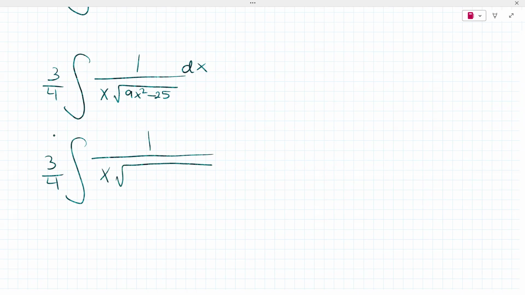What number squared gives you 9x squared minus 5 squared? I think this is going to be 3x, and then 5 squared is 25. Good. So I believe my a is going to be 3, and my b is going to be 5.